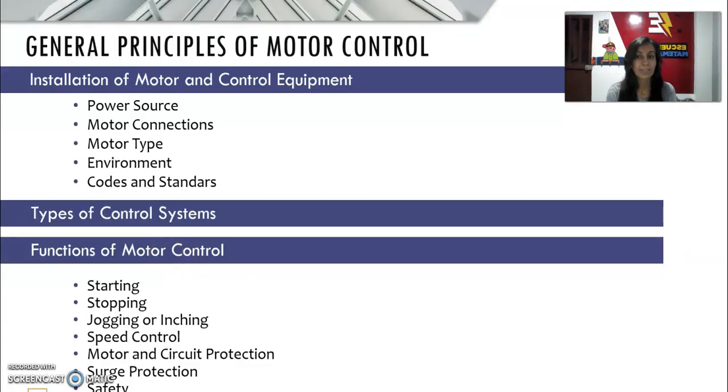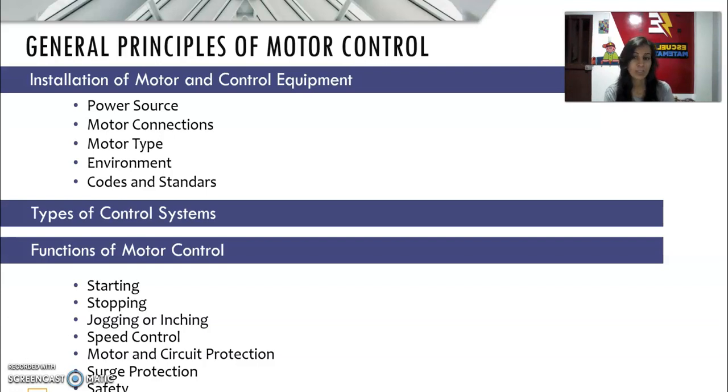The first part, general principles of motor control, is divided into three sections, and each section is divided into more sections. The first is installation of motor and control equipment. It is divided into power source, motor connections, motor type, environment, codes, and so on.